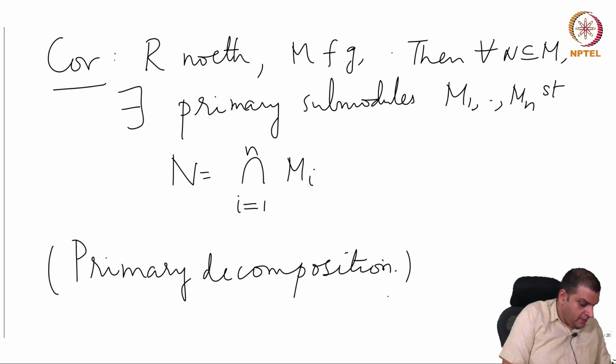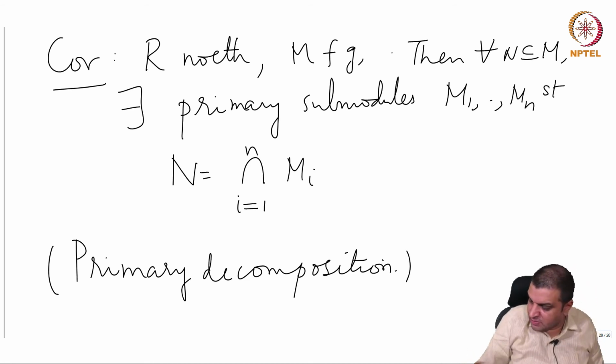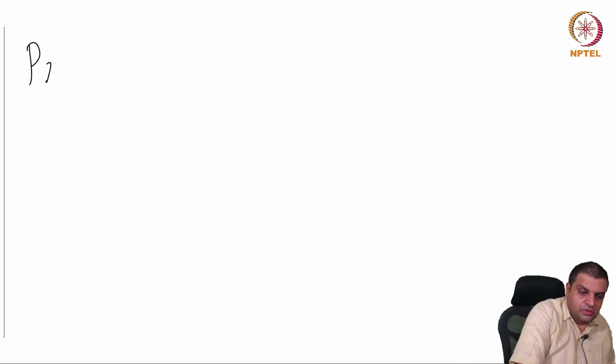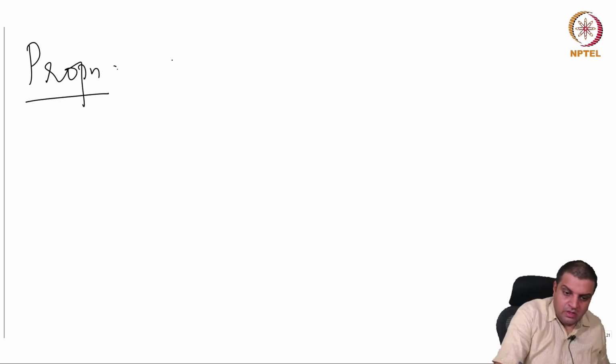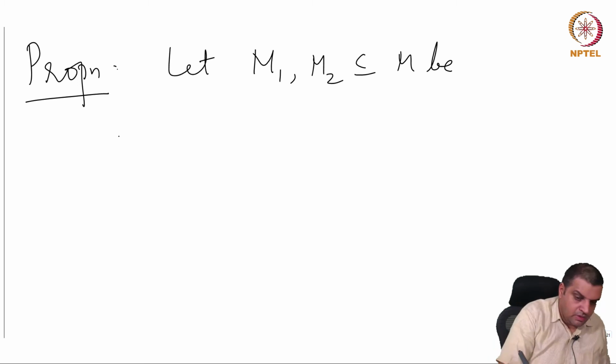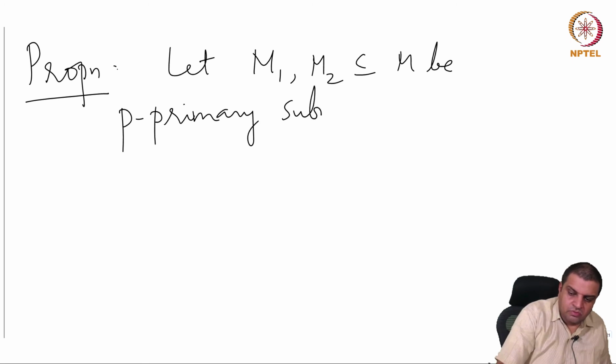Okay, and so one more proposition, just to refine this a little bit. Let M1 and M2 inside M be P primary submodules, for the same prime, that's the point.